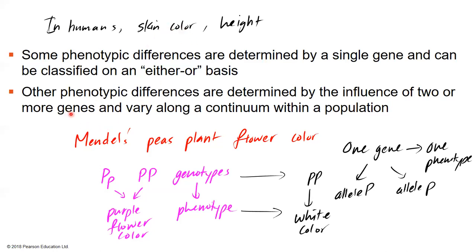Skin color is controlled by dozens of genes, height maybe hundreds of genes. So skin color is a phenotype that is controlled by more than one gene. Same applies to height.